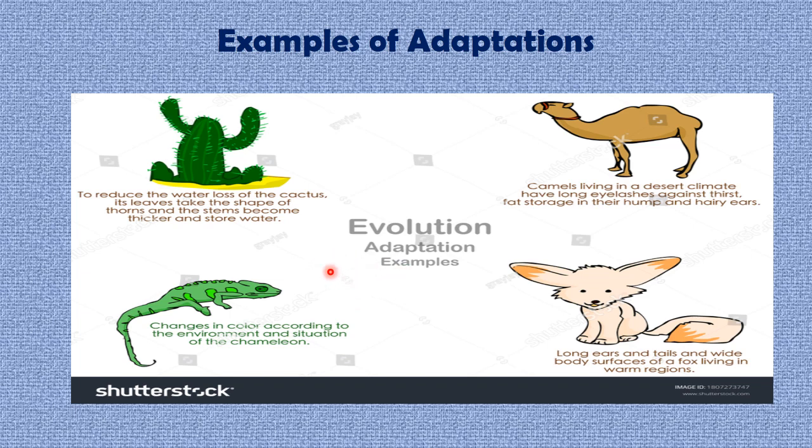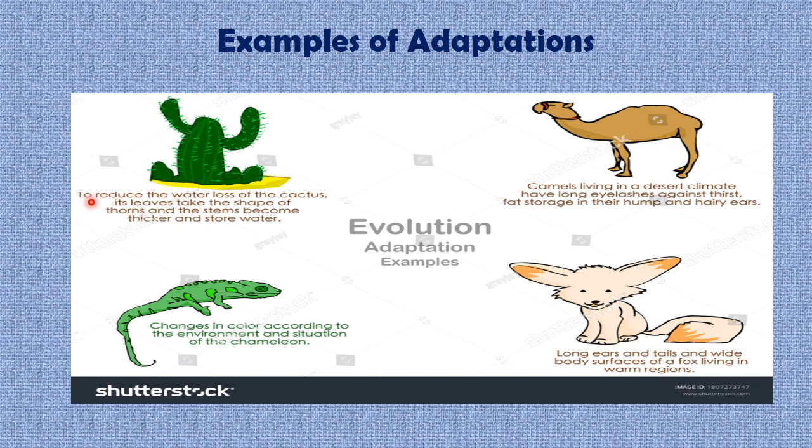Now we have various examples of adaptation here. From this picture, we have a plant called the cactus. This cactus is specially adapted to live in a dry and waterless region like the desert.